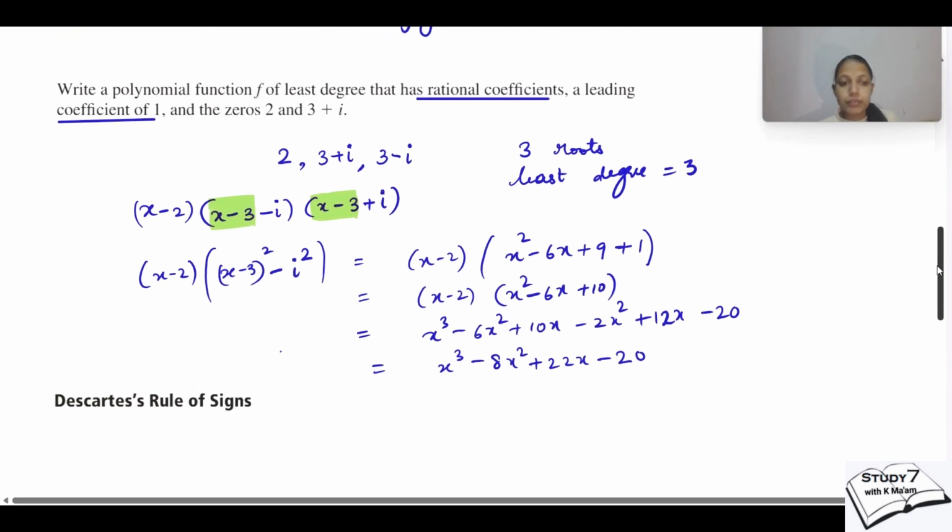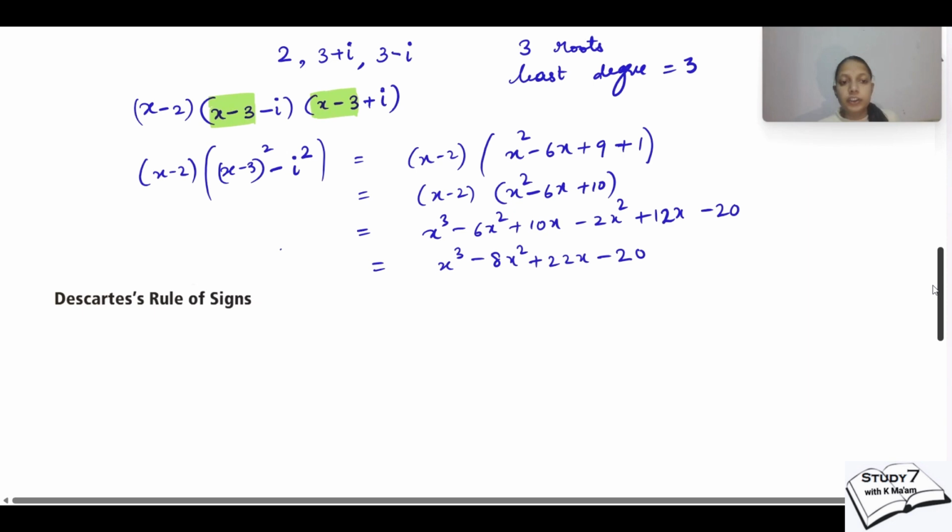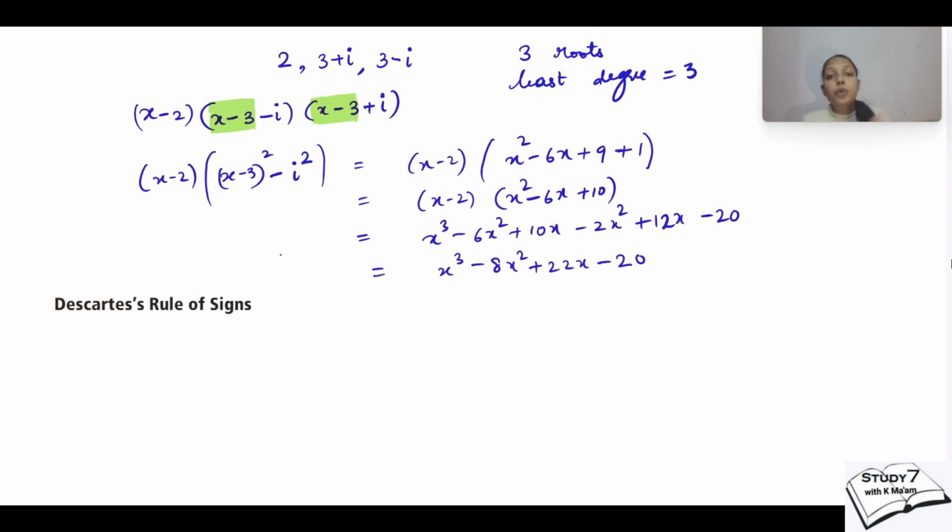Okay. Next is Descartes rule. Descartes rule is used to find out how many possible positive real roots, negative real roots, and complex roots there are. First, check how many times the sign of the terms changes in f of x.